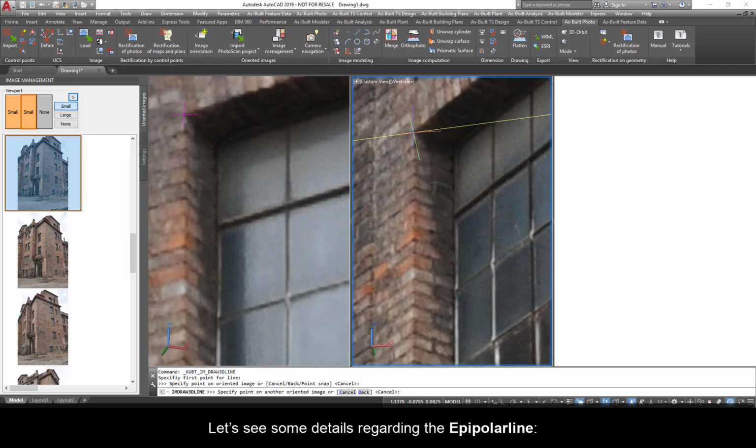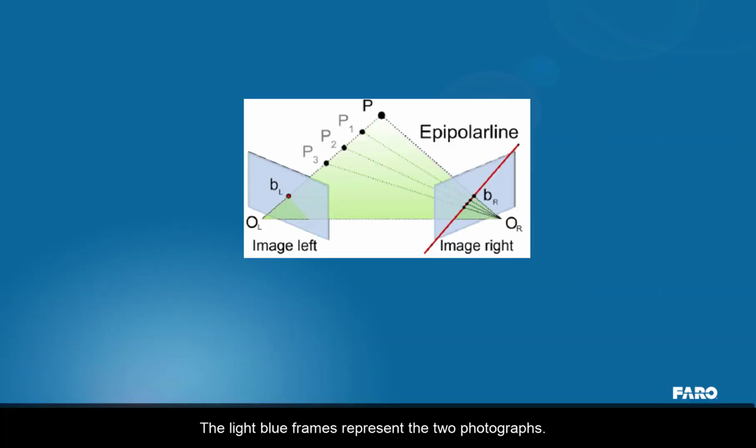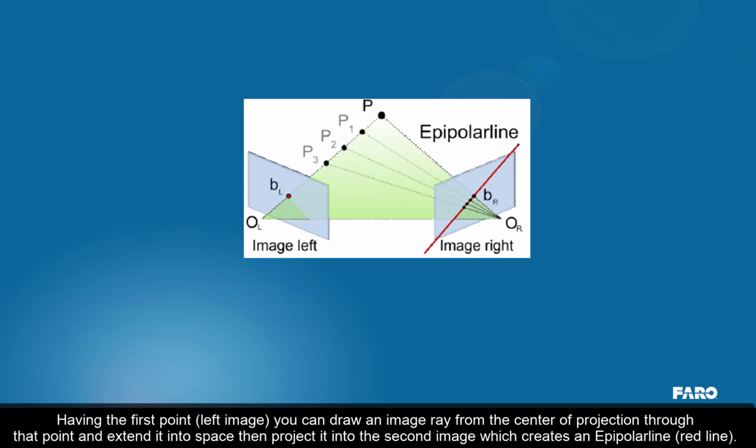Let's see some details regarding the Epipolar Line. The light blue frames represent the 2 photographs. The O is the projection center for both images. The red point in the left image, labeled with BL, is the first point we clicked. Having the first point, left image, you can draw an image ray from the center of projection through that point and extend it into space, then project it into the second image, which creates an epipolar line, a red line.